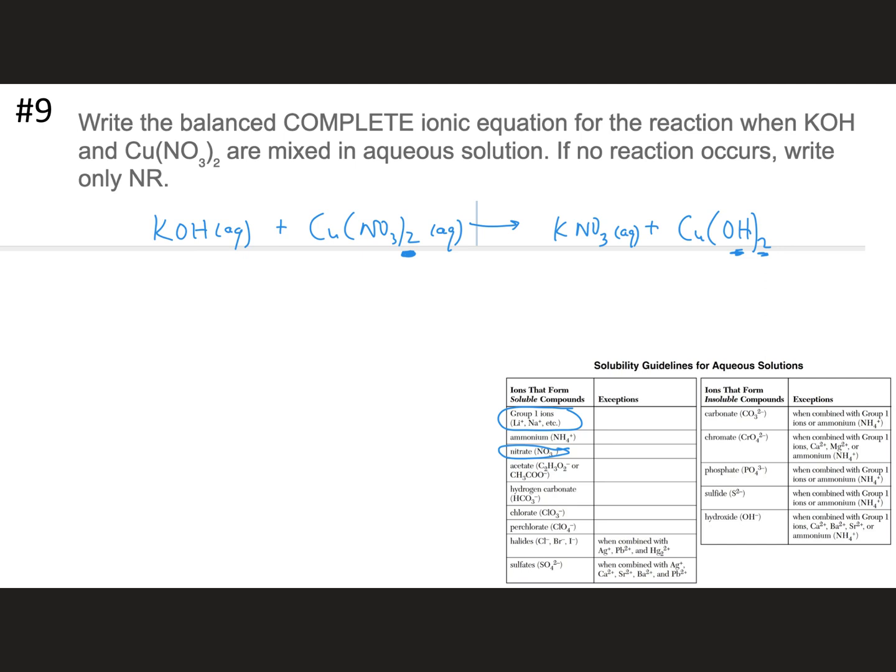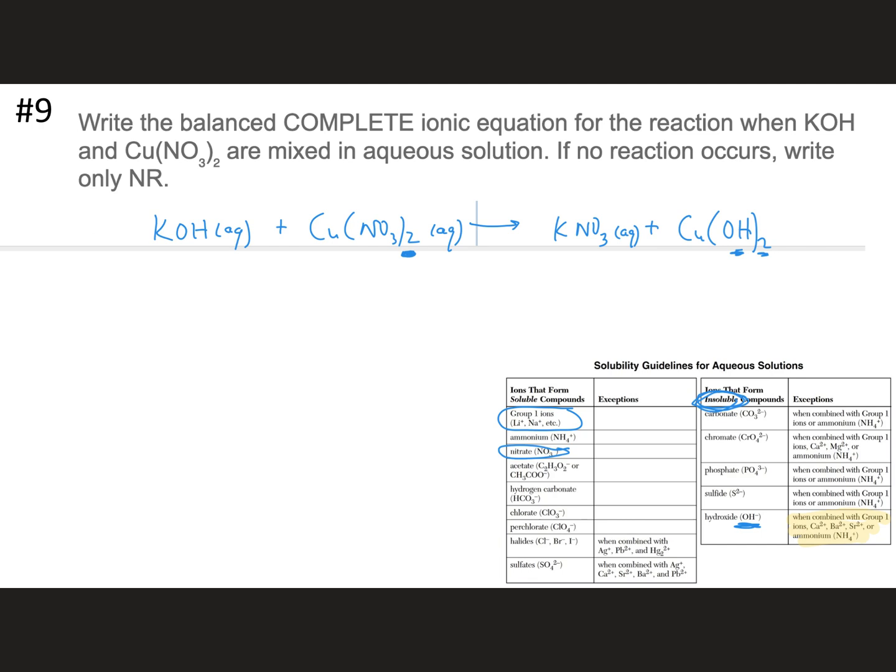Now to figure out if something's going to precipitate, I'm going to come over here to hydroxide. Hydroxide is insoluble unless it is with a group 1 metal, calcium, barium, strontium, or ammonia.